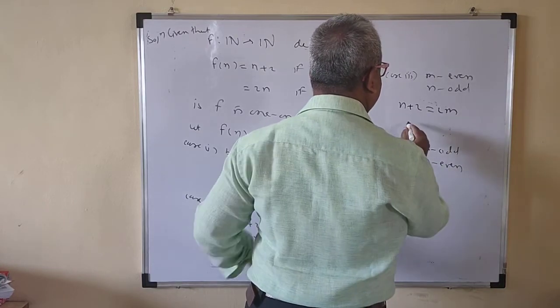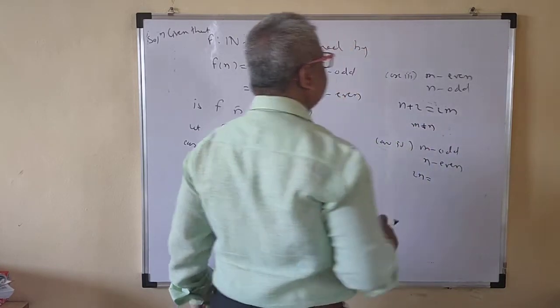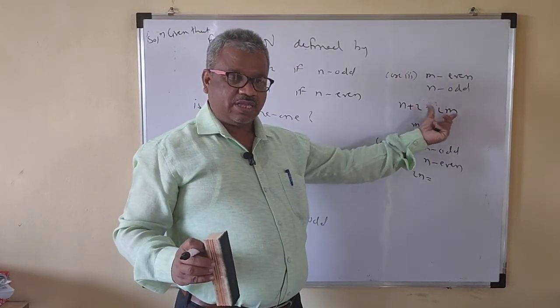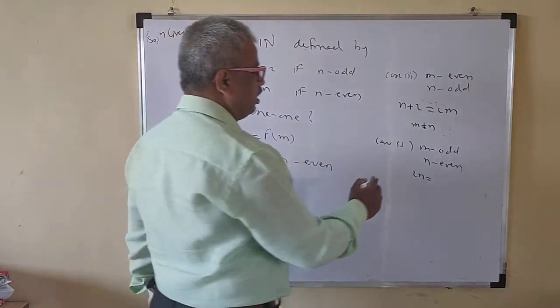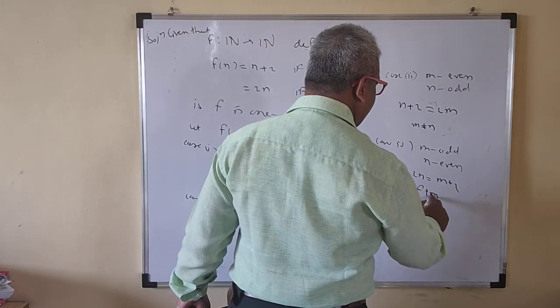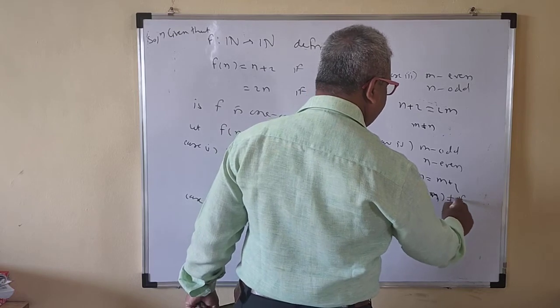Yes, m not equal to n. Now here, m not equal to n, and f of m is also not the same as f of n. No problem here. Twice n is not the same as m plus 2. Again here, f of n is not equal to f of m.